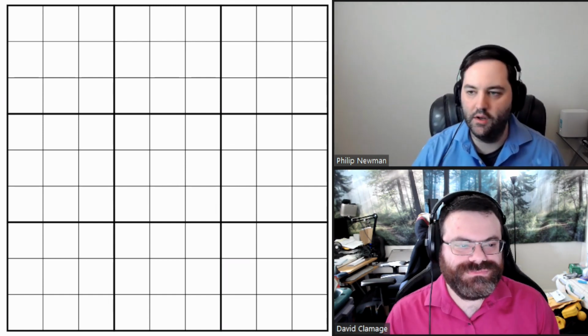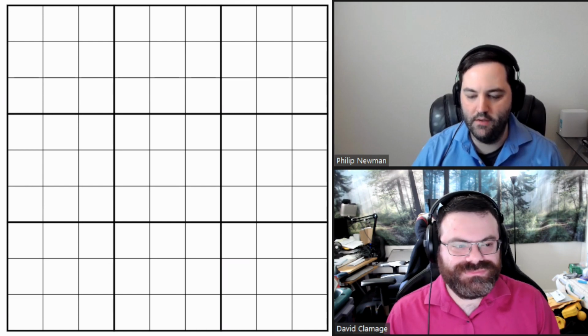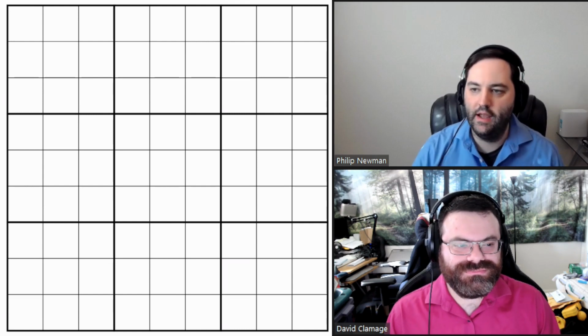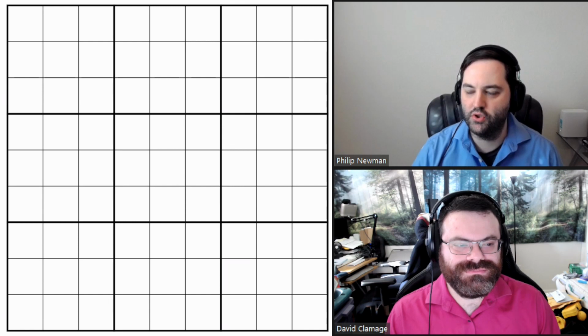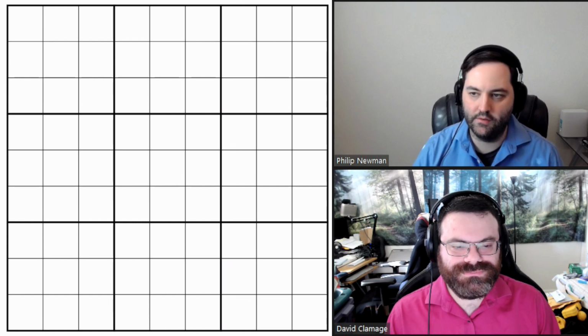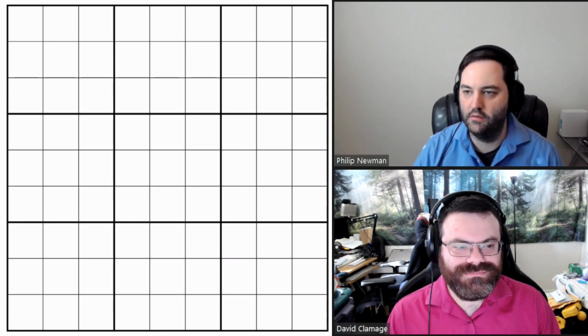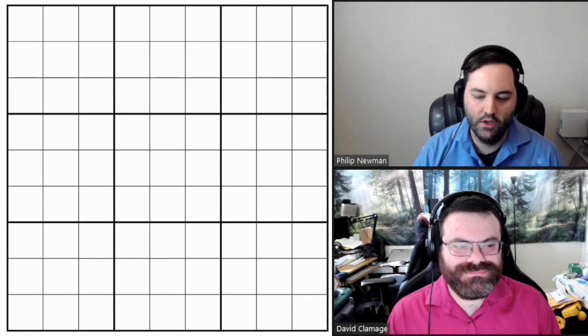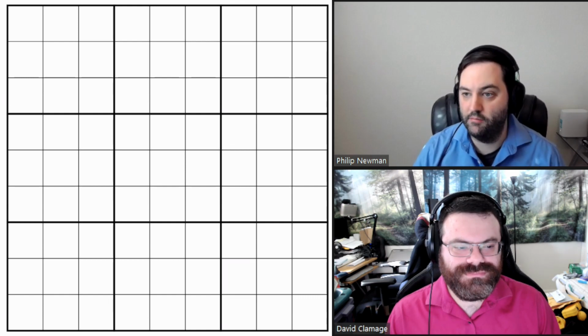So another way of saying that is, if I have 2 solution grids and there is some transformation between the two, swapping rows, swapping columns, swapping bands, swapping stacks, rotating, reflecting, renaming digits, then they're in the same equivalence class.